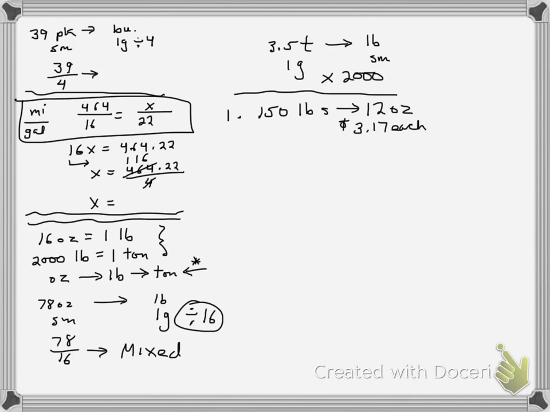Hopefully this is logical to you, but you would first want to convert your 150 pounds to how many ounces that is. Pounds are larger, ounces are smaller. How many ounces are in a pound? So we would have to multiply by 16, the number of ounces in a pound.